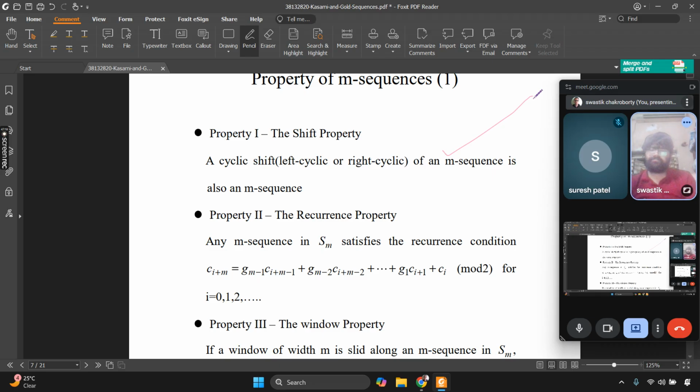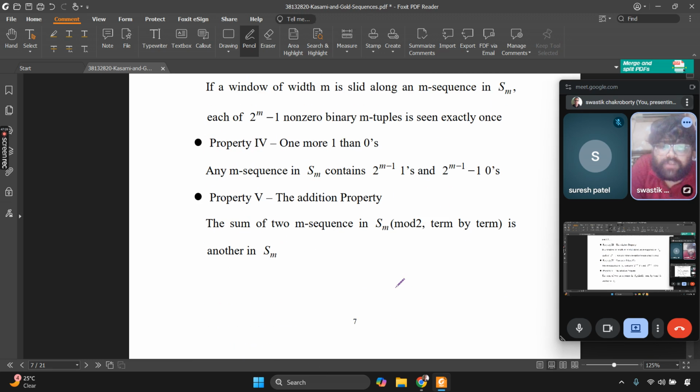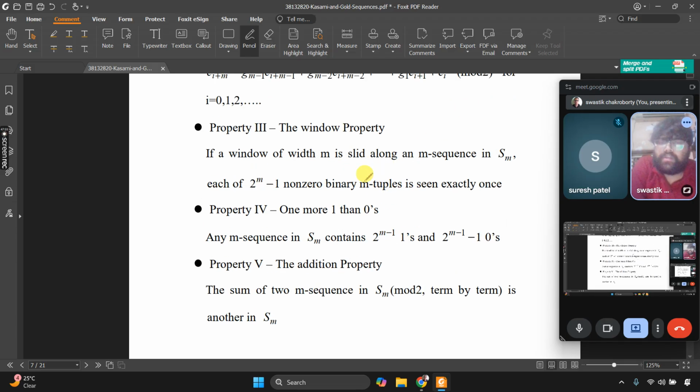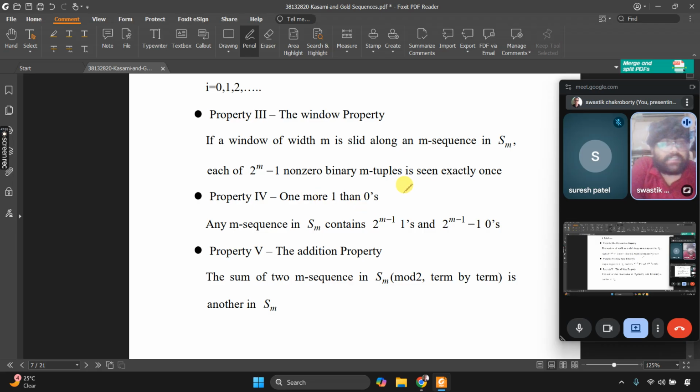Next is the recurrence property. Any m sequence in Sm satisfies the recurrence condition. This recurrence condition, I think, is not needed. Window property, these are not needed. But one more ones than zeros, this is called the balance property that we have already discussed earlier.